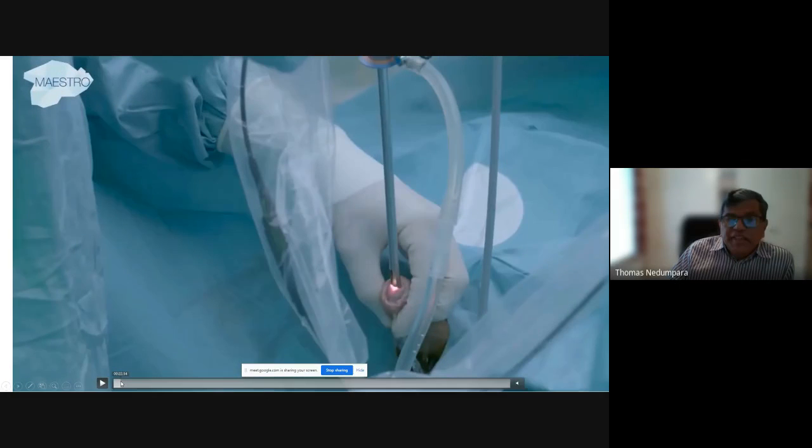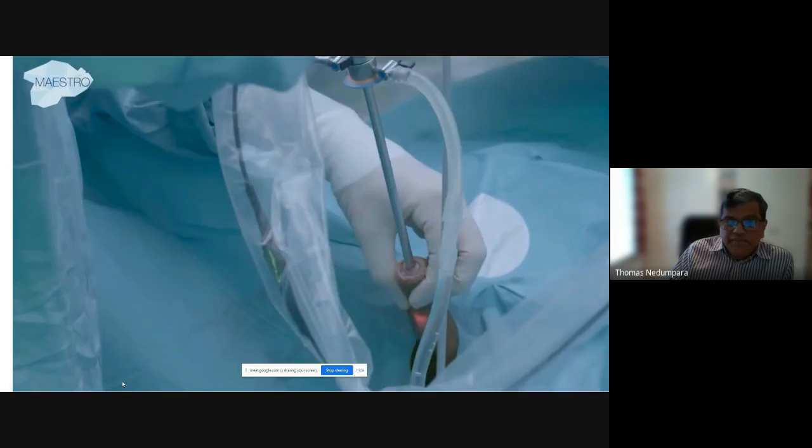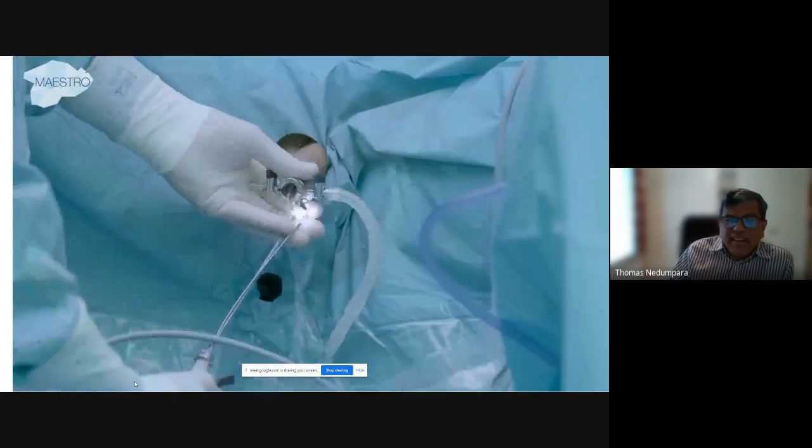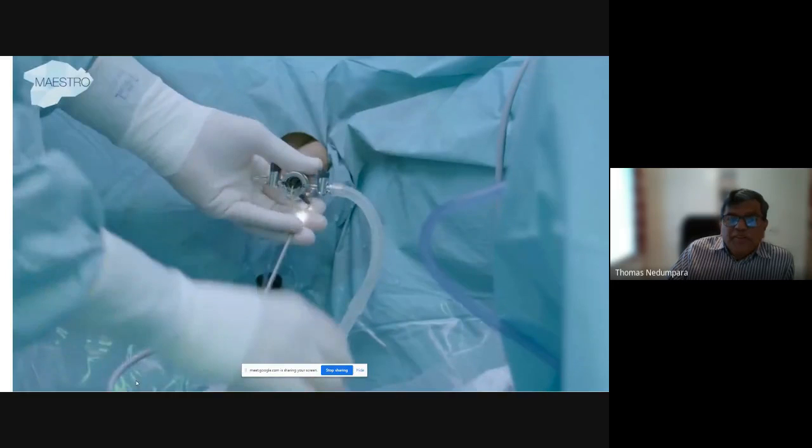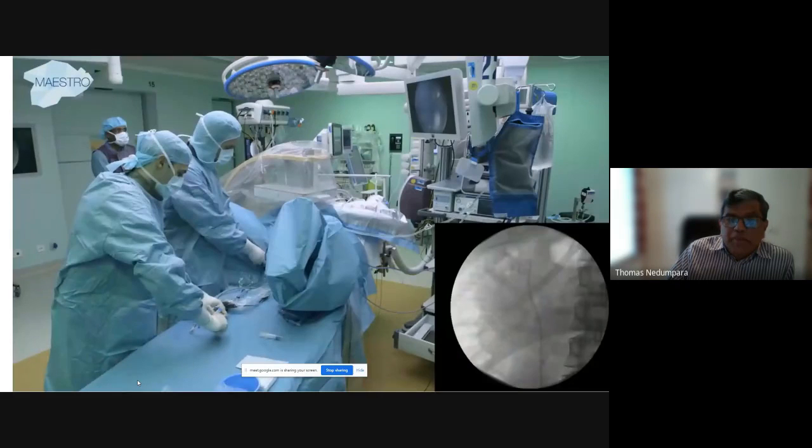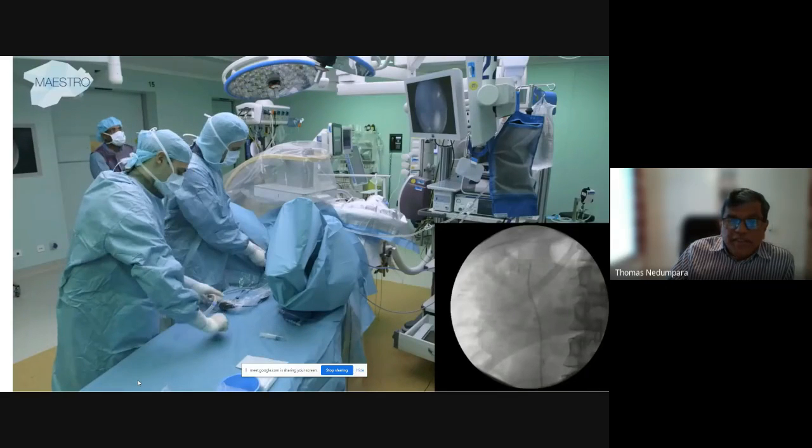Here you can see a rigid ureteroscope is introduced through the penis into the bladder. So the previous patient had an obstructed ureter, so they used a stent. So they have removed the stent first.